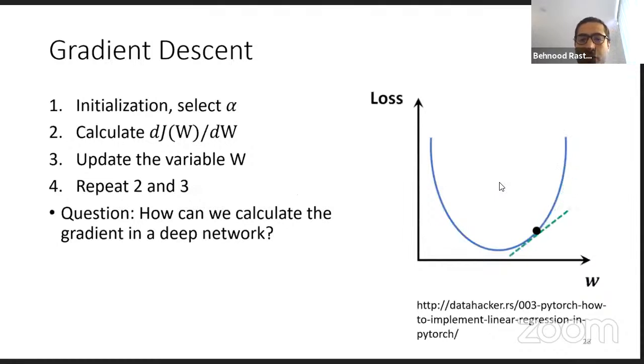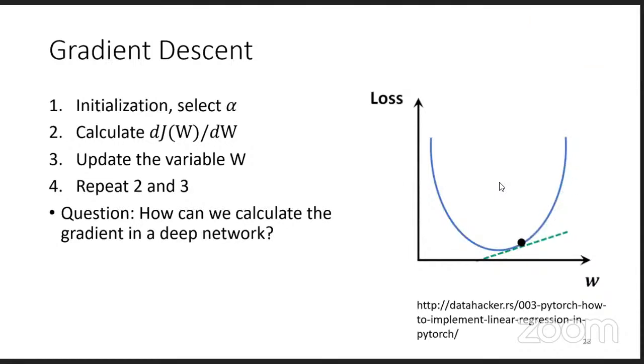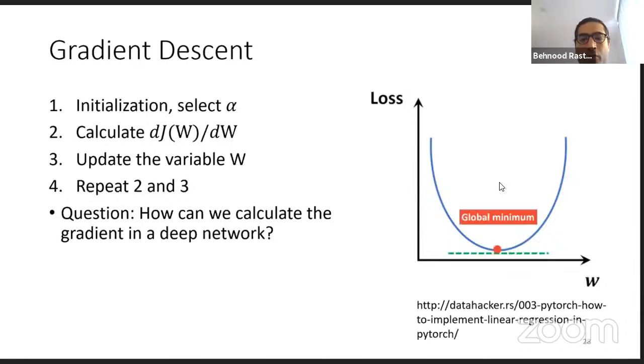So you can see in this figure or animation better how slowly gradient descent converges to the minimum. So we need to initialize the parameters, select alpha, calculate the derivative of the cost function with respect to the parameter, update the parameter, and then repeat 2 and 3.